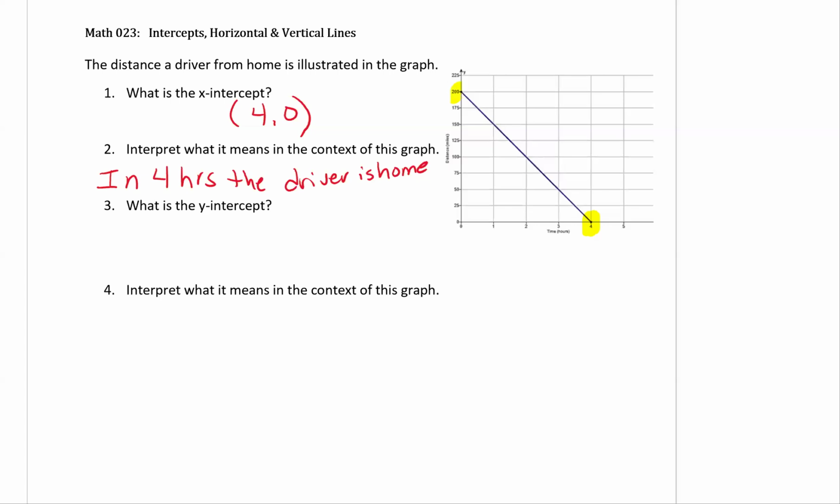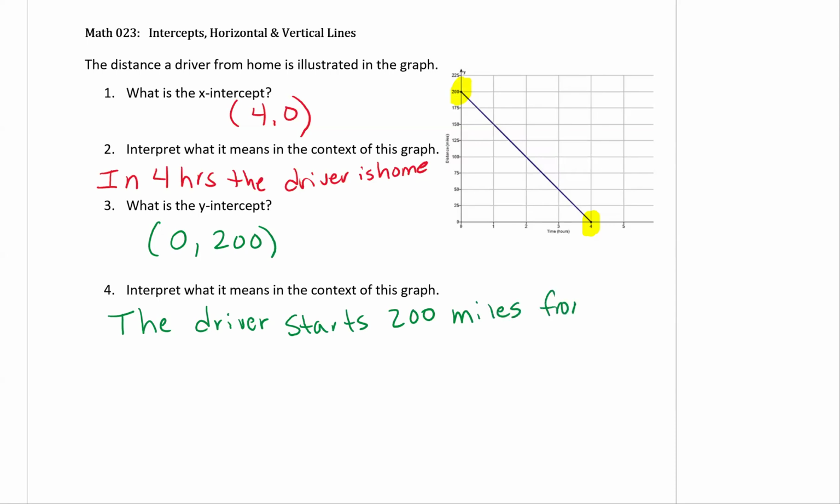Well, that one's up here. The y-intercept is go over 0 and up 200. Well, what does that mean? Well, that's what's happening at time 0. That's what's happening at the start. So I would write the driver starts 200 miles from home.